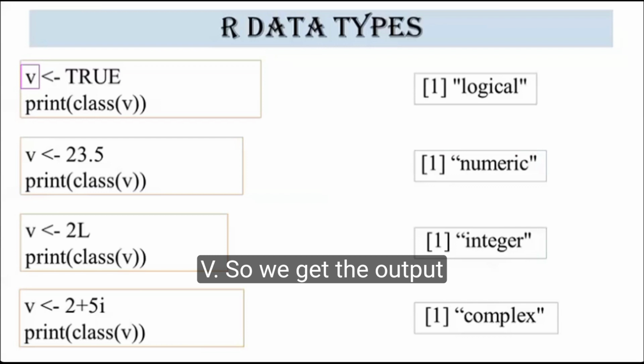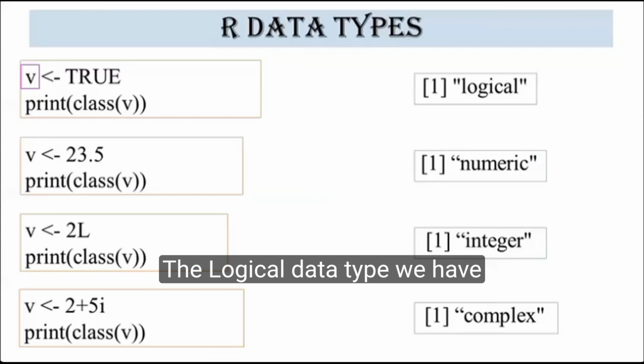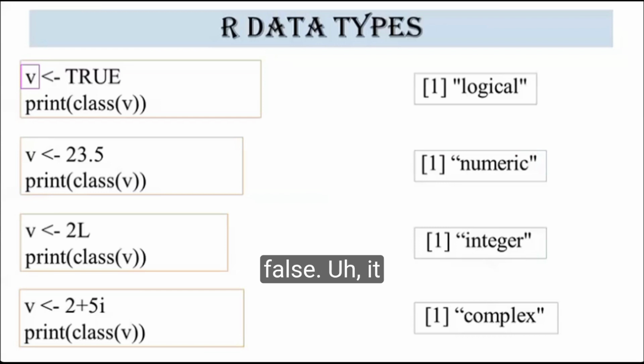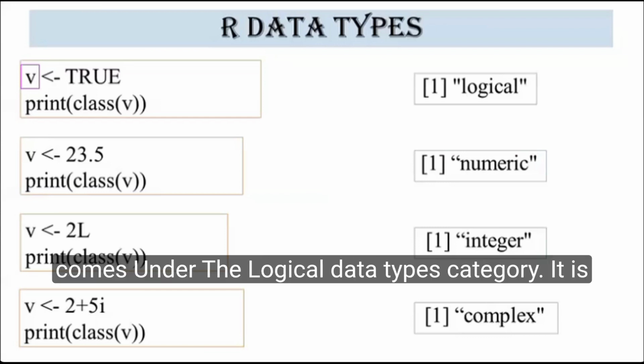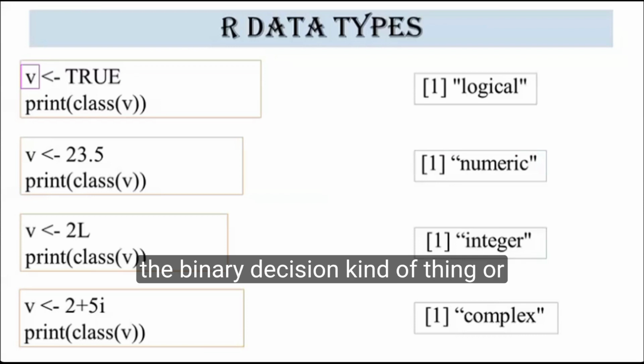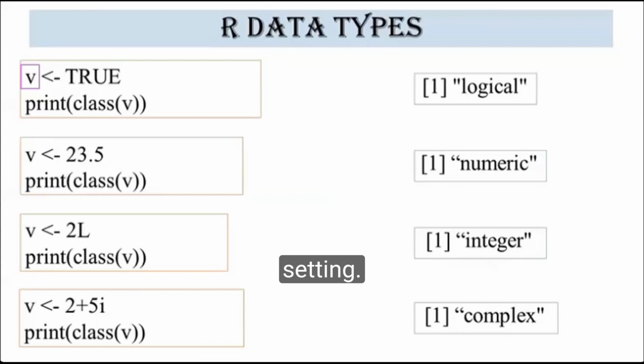So we get the output as logical. In the case of the logical data type, we have TRUE or FALSE. It comes under the logical data types category. It is the binary decision kind of thing, or 0 1 setting.